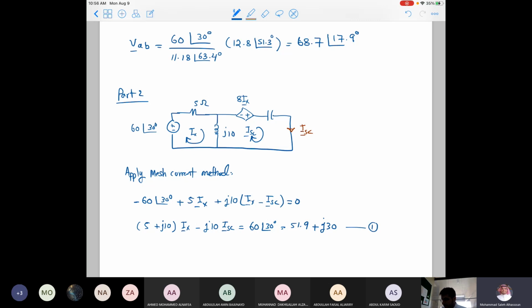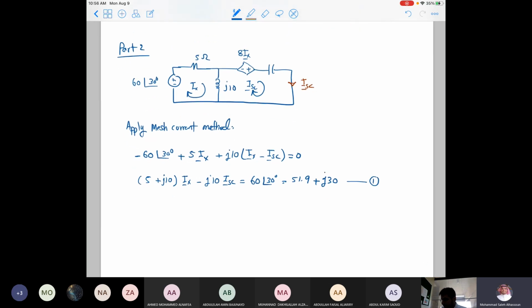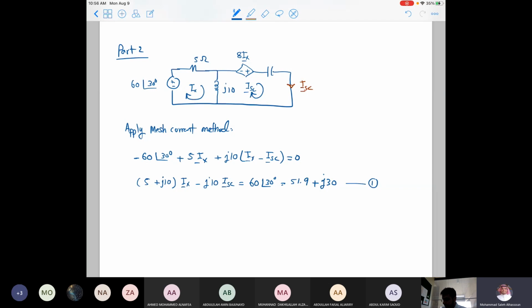The second equation requires applying the mesh current method in the other circuit, or the second mesh.